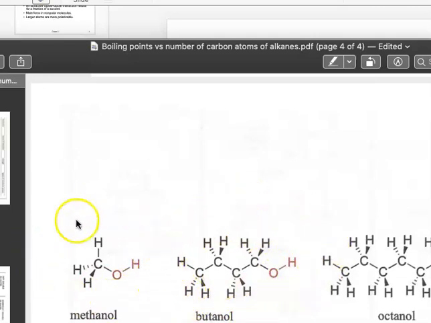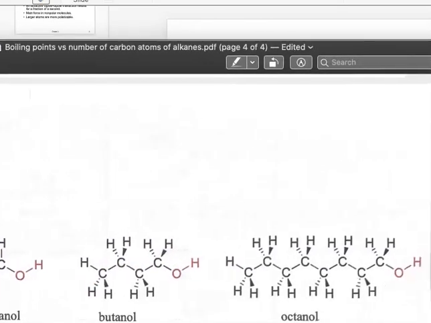That's the most powerful type of intermolecular force. But the carbon chain length, having to do with that London dispersion force argument, still plays a role, right? And so we still are going to consider something with this long carbon chain to have a higher boiling point than something like this. And if you look over here at octanol, obviously octanol has a much higher boiling point.